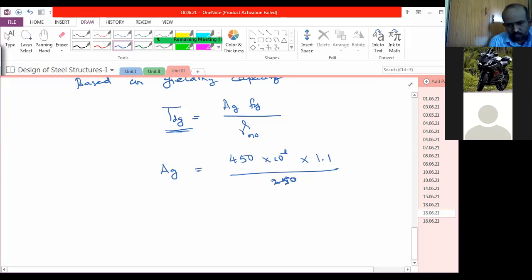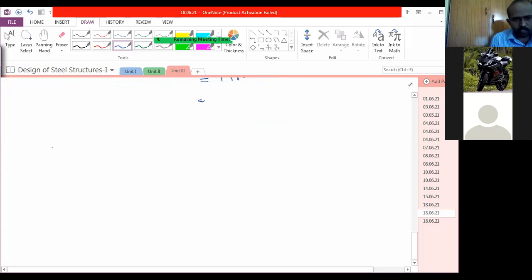So this is the gross area. Please calculate and tell me how much is the gross area. 1980 mm square.